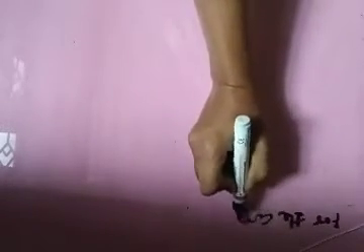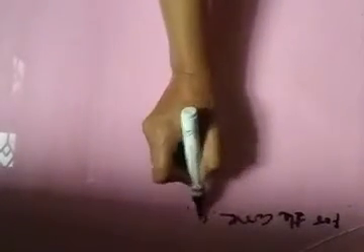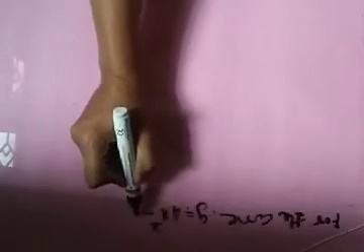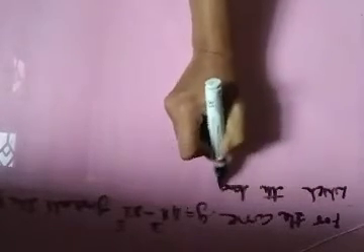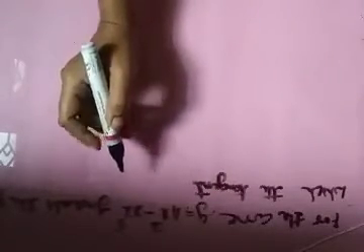Next question. For the curve y is equal to 4x cube minus 2x raised to 5, find all the points at which the tangent passes through the origin.